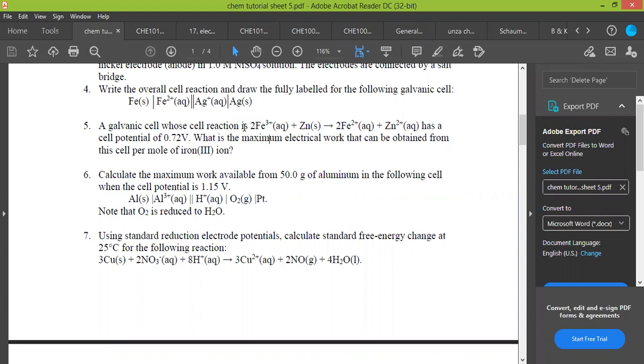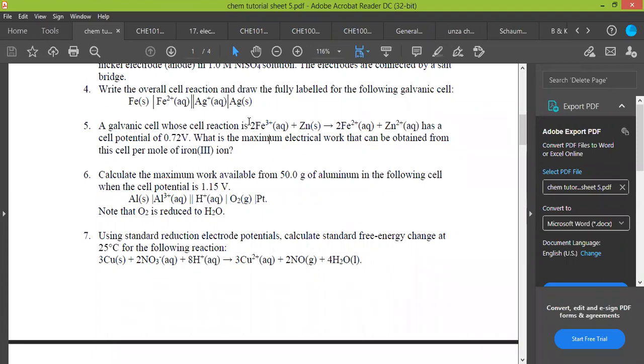Negative. Okay, so your answer is negative. The negative sign simply means that this is the work done by the cell. Whenever work is done by the cell, the sign is negative. Whenever work is done on the cell, the work done is positive. So that is the maximum work done for that particular question.